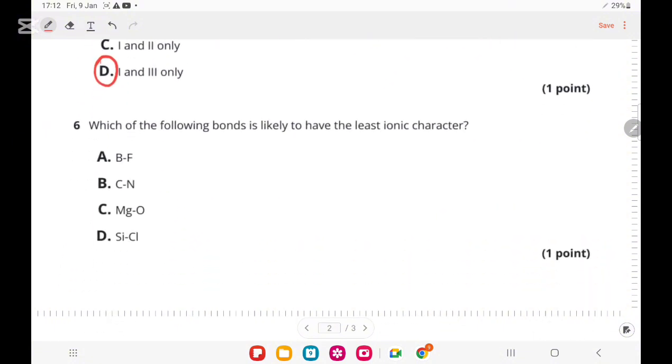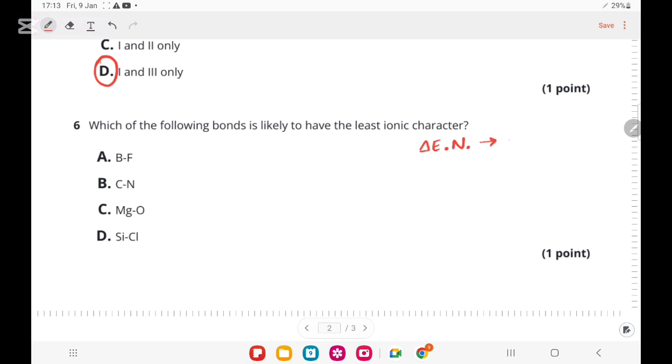Then they are saying which of the following is likely to have the least ionic character. So if we have to do this question, we must have the electronegativity differences between them. Why? Because you must know that the least ionic character is going to be for the minimum electronegativity difference.